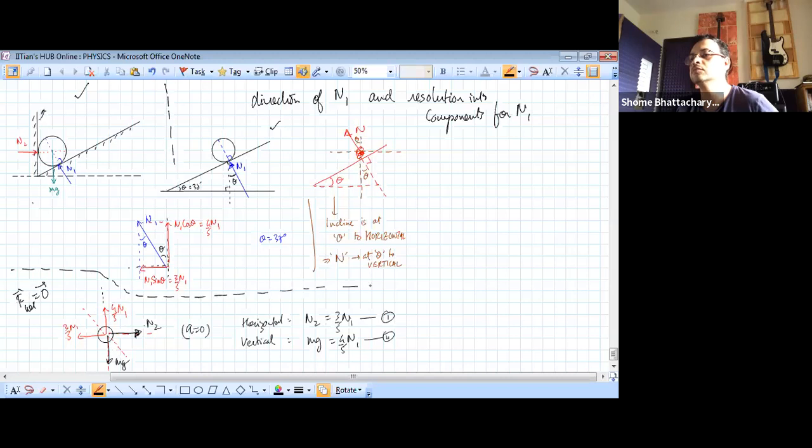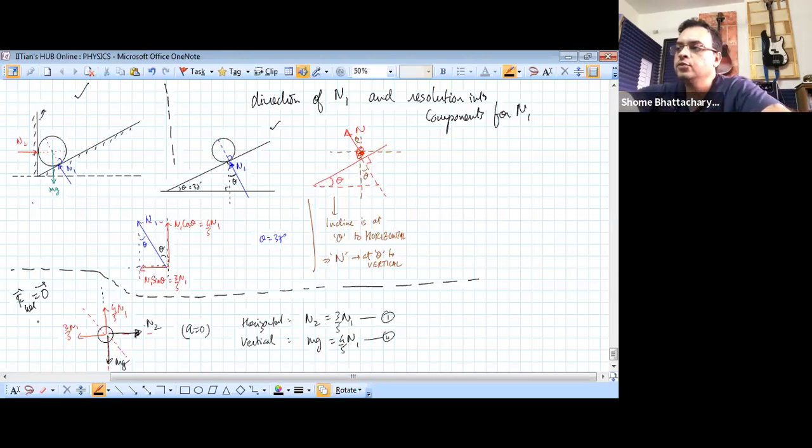We used Newton's second law here because the acceleration is 0, so the net force should be 0. Okay, so I hope this question is clear to all of you, up to this point.